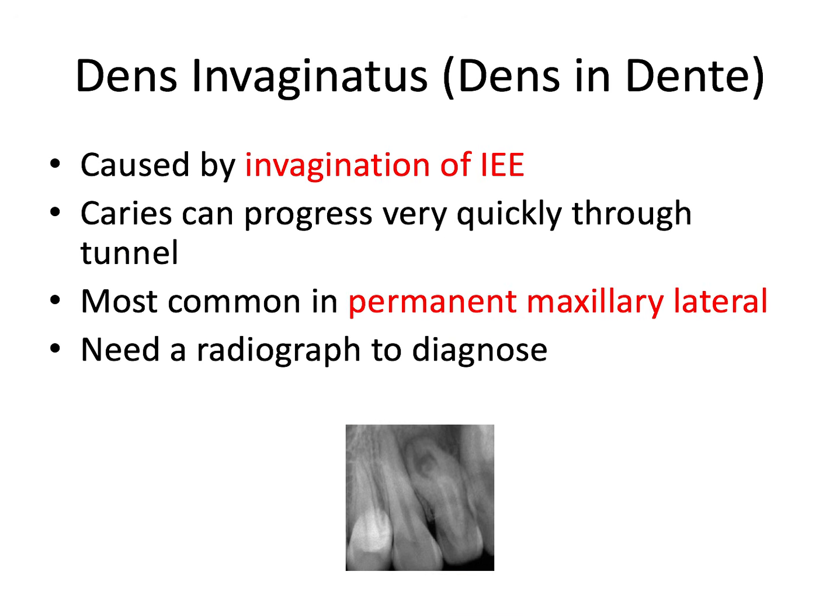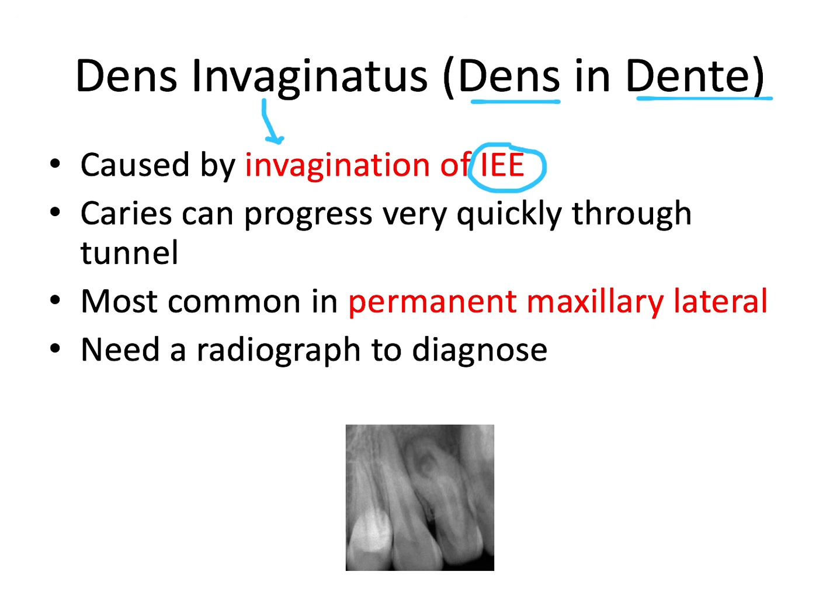Then we also have the counterpart to that, which is dens invaginatus, or dens in dente, which literally translates to tooth within a tooth. So what does that mean? Well, the name kind of gives it away. It's caused by an invagination of inner enamel epithelium. But now you see why I talked about tooth development first, because we have now an understanding of what that means.